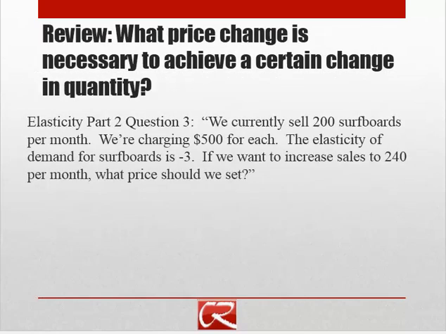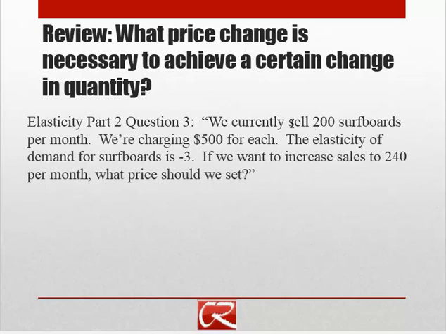So as an example of that, if we want to increase sales from 200 to 240, what do we have to do with prices? Well, in this example, notice that the percentage increase in sales from 200 to 240 is going to be about 20%, because we gained 40 relative to 200, so that's a 20% increase.